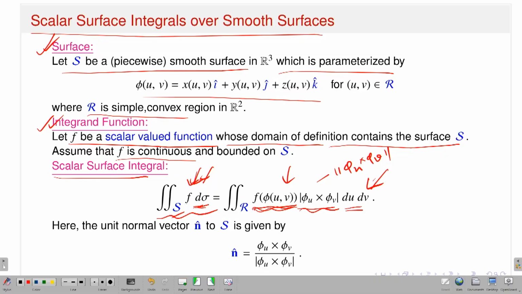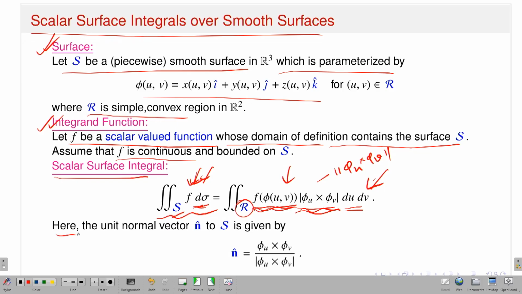That means you first calculate f of phi of u, v, because you have the function f and the parameterization phi. Phi u and phi v you can get, since the parameterization is known; take the cross product, take the norm, and over this region R you also know, because you know the parameterization, you just calculate this double integral, that's it. Okay. So this is the corresponding formula.